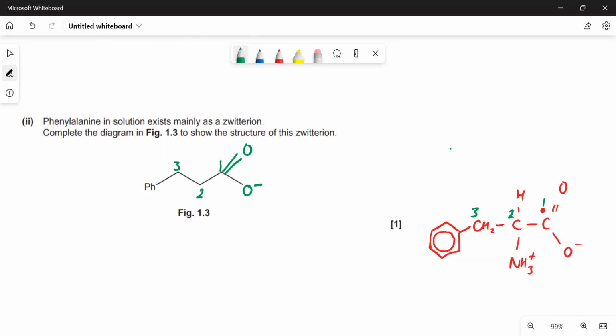And on number 2, we are going to have the protonated NH3 group, the NH2, which has got protons stuck to it. Okay, so that is the zwitterion. In the zwitterion, the carboxylic acid is ionized to give a negative ion, and the amine group is also ionized to give the positive group, 2 charges on the ion.